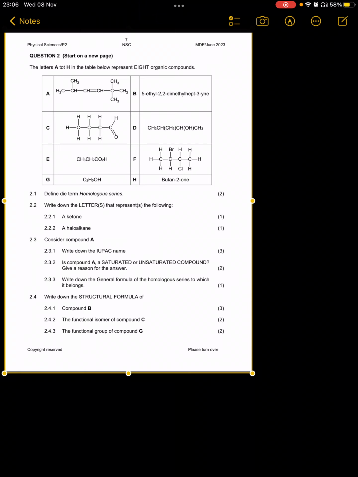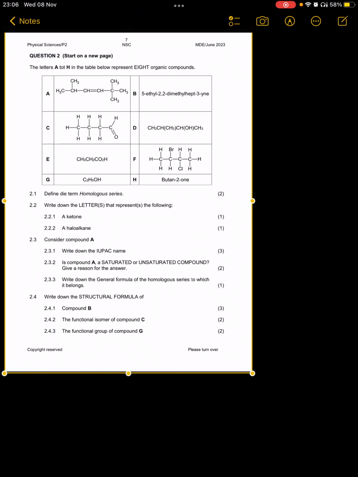Okay, define. Well, this question had a little bit of a mix up with some Afrikaans here. Define the term homologous series. Now, as per exam guideline, I do not like writing down definitions, so I always advise students to look for their exam guidelines either online, or we'll attach it as part of our YouTube video.